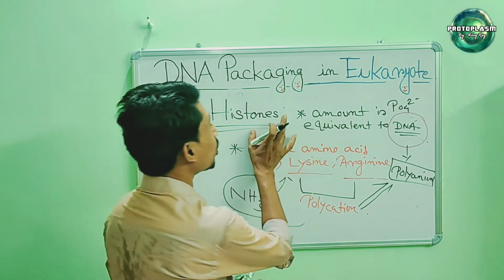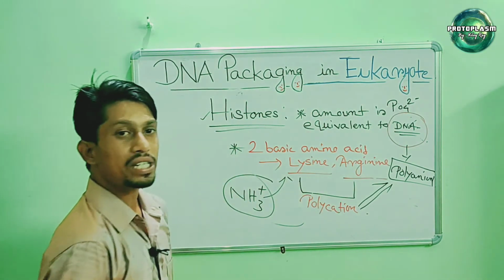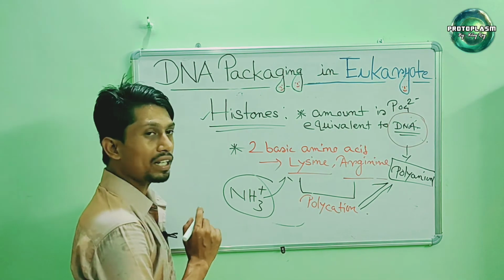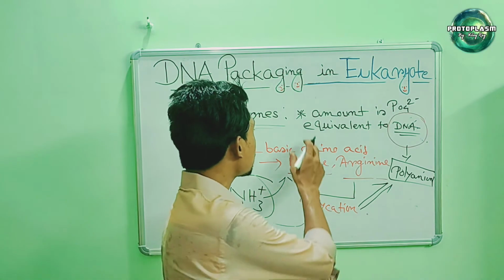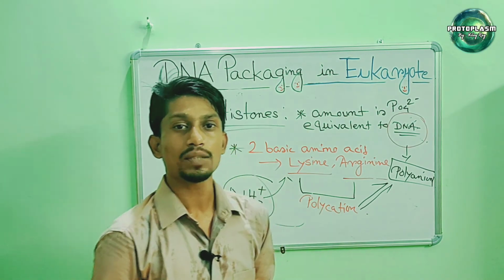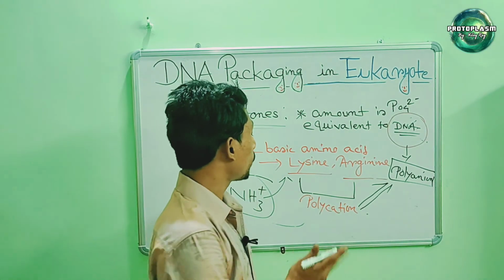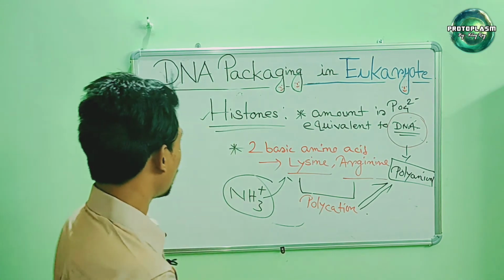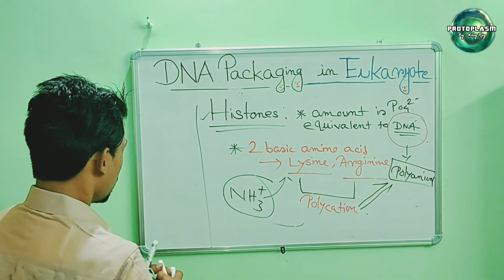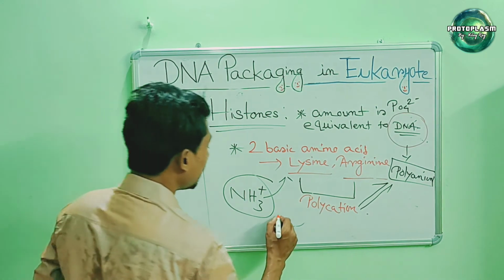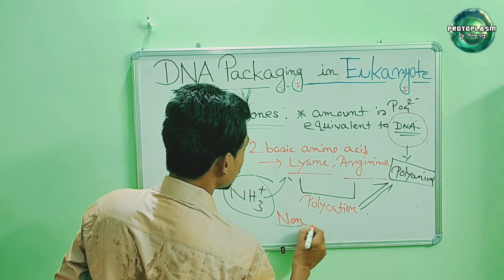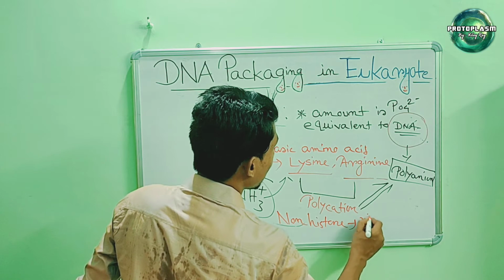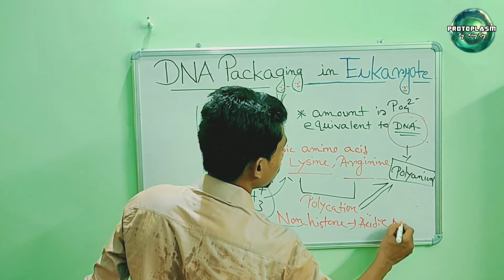That's why the amount of histones should be almost equivalent to the amount of DNA. But the non-histone proteins, as I discussed earlier, are mostly acidic in nature.